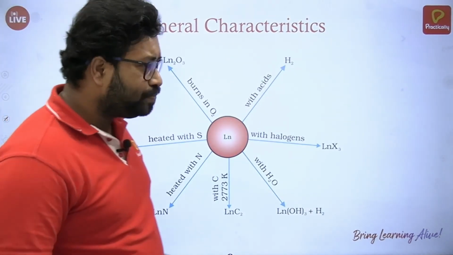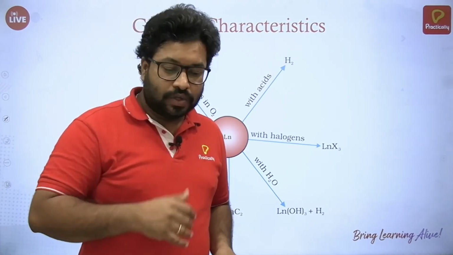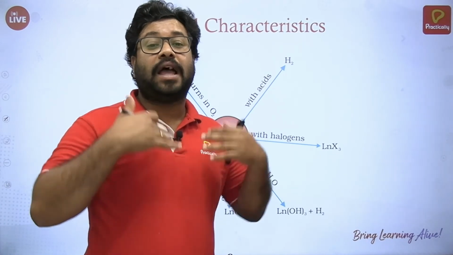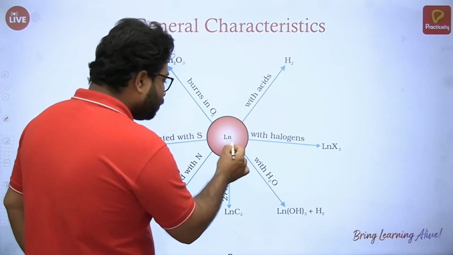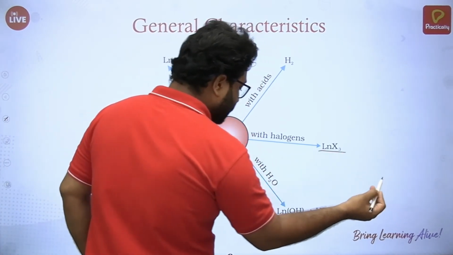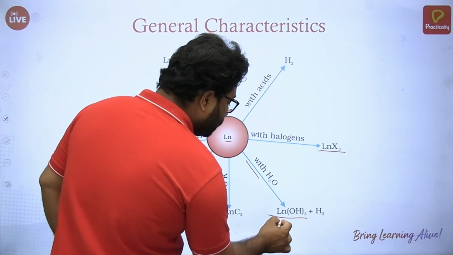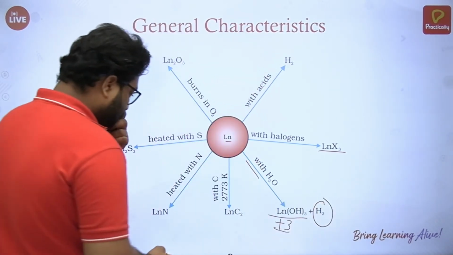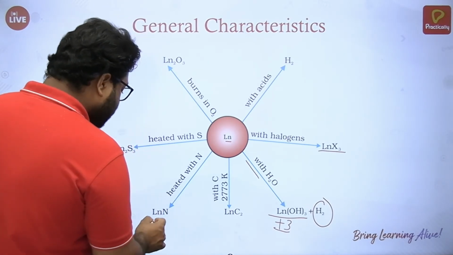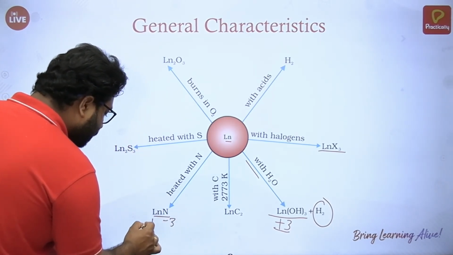As I told you, you can imagine lanthanum as aluminium because they are behaving just like that. Look here. With halogen, it is showing LnX3. It reacts with water to form Ln(OH)3, where it again is in +3 oxidation state. It releases hydrogen. It reacts with nitrogen. See, nitrogen is in -3, so lanthanum is in +3.